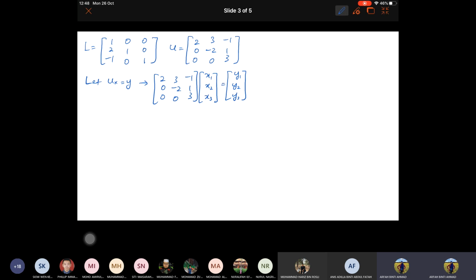Yang ini adalah daripada matrix U. So, kita tak tahu apa matrix Y dan kita pun tak tahu apa nilai X. So, dari sinilah kita akan gunakan matrix Ly sama dengan B. So, matrix L awak 1, 2, negatif 1, 0, 1, 0, 0, 0, 1 didarabkan dengan Y1, Y2, Y3 akan sama dengan B. B itu apa? Apa matrix B awak?